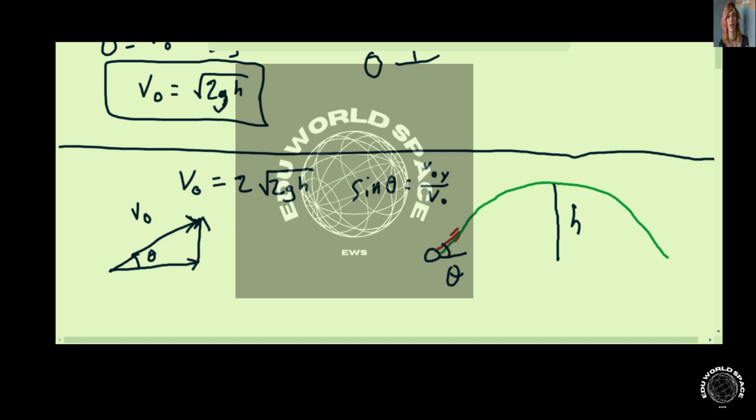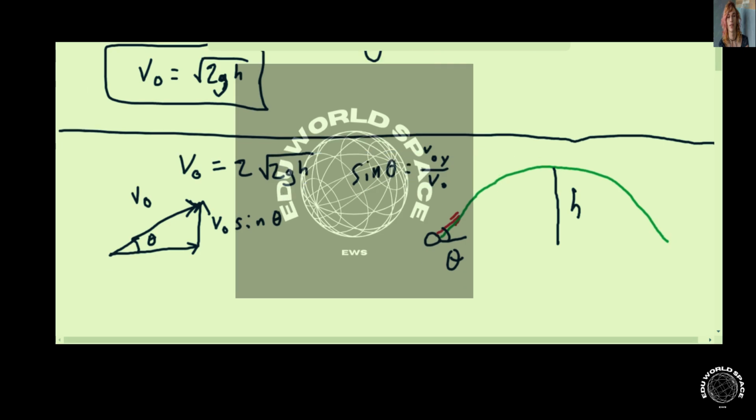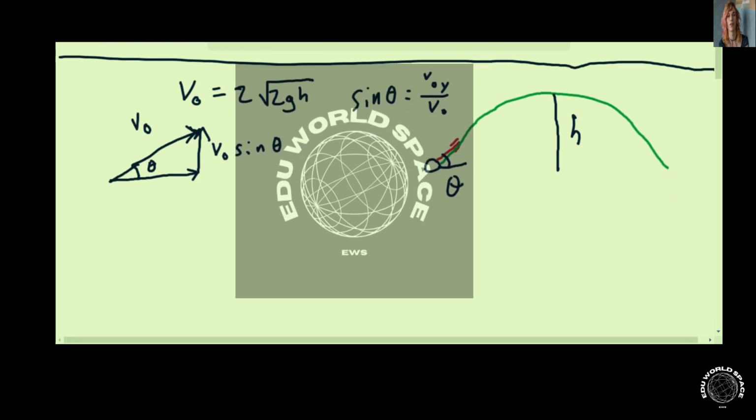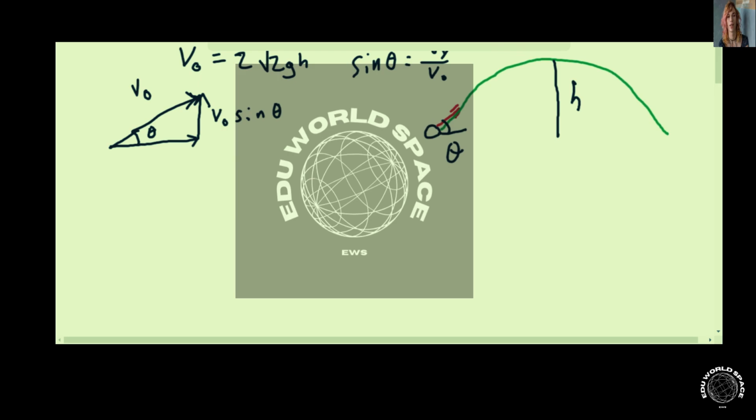We can rearrange that, and we know that v naught times sine theta is equal to v naught y, which is what this side is. The next thing we're going to do is plug it into that same equation we had earlier.